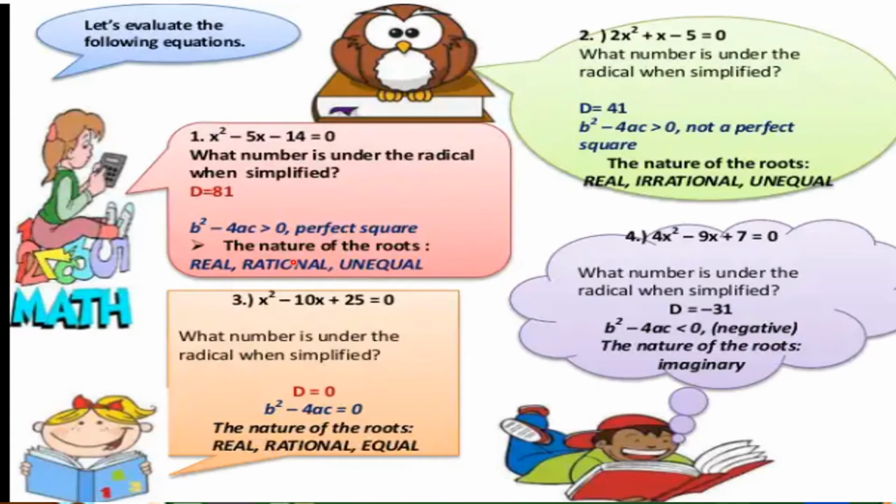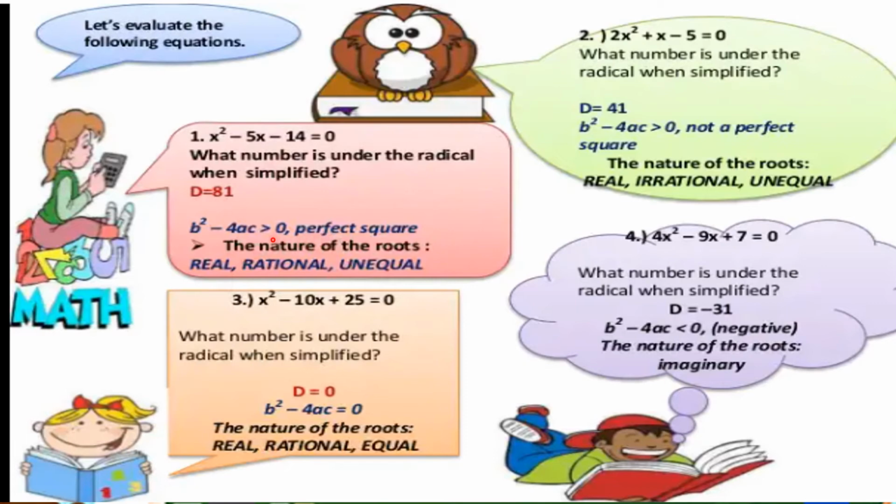Okay, so let us have an evaluation about the following equation. So, in number 1, x squared minus 5x minus 14 equals 0. Kung mapapansin nyo, meron na ditong sagot. And ang sagot ay D is equal to 81. Kung ang ating sagot ay 81, ay di syempre ang discriminant is greater than 0. And as you can see, ang number na 81 ay perfect square.